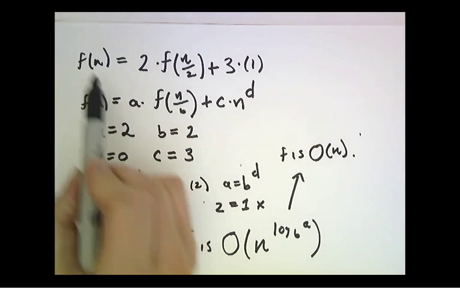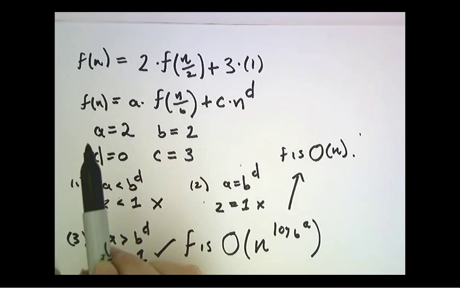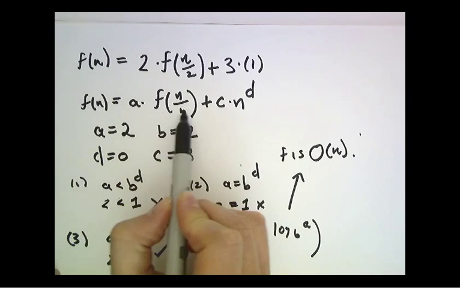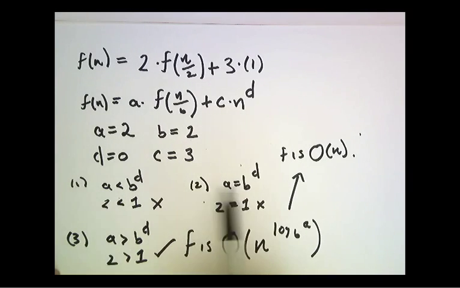So again, I took this recurrence, f of n equals 2 times f of n over 2 plus 3. We figured out what a, b, c, and d were. We then figured out what case we're in, and we realized we were in case 3, so we said that f is big O of n to the log base b of a. B and a were both 2. That implies that f is big O of n.